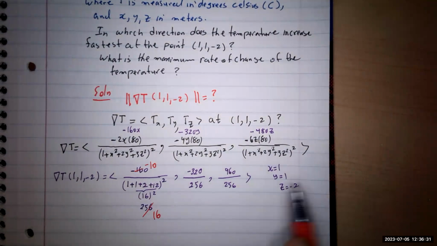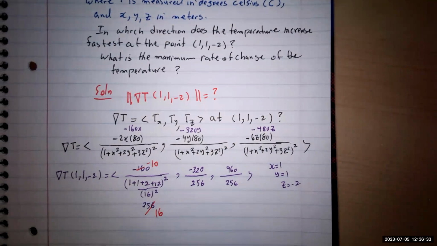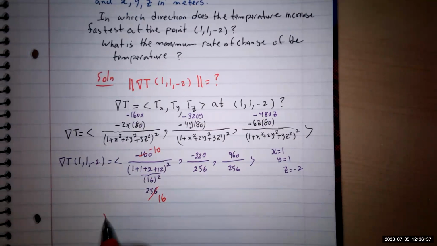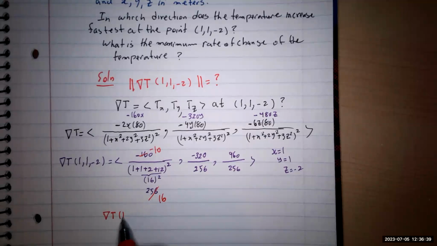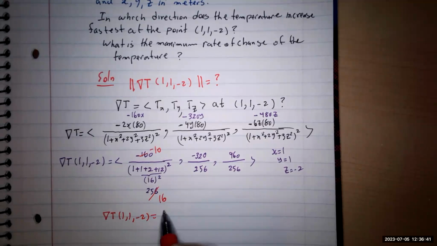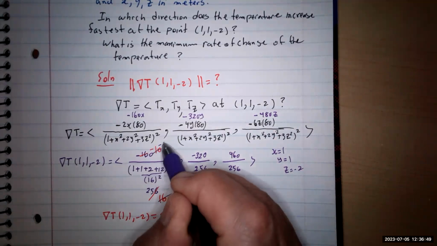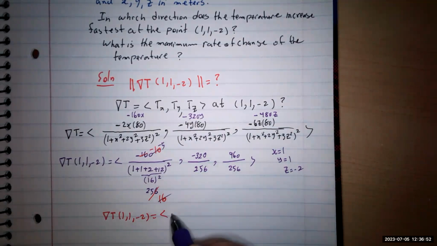Okay, so if you do all this simplification, this is what you are going to get. The gradient vector at (1, 1, -2) is going to be: so we have a negative 10 over 16, I simplified by 2, so that gives negative 5 over 8, the first one, comma.